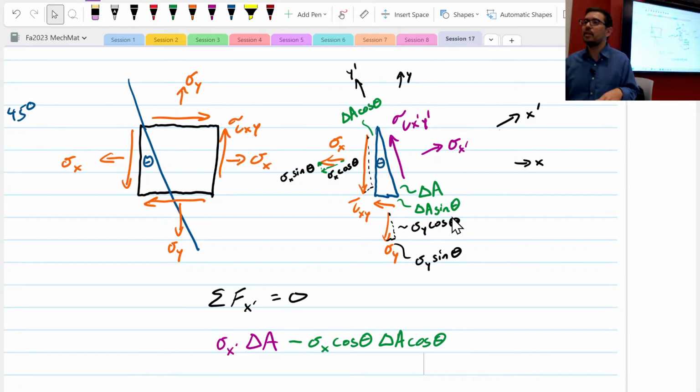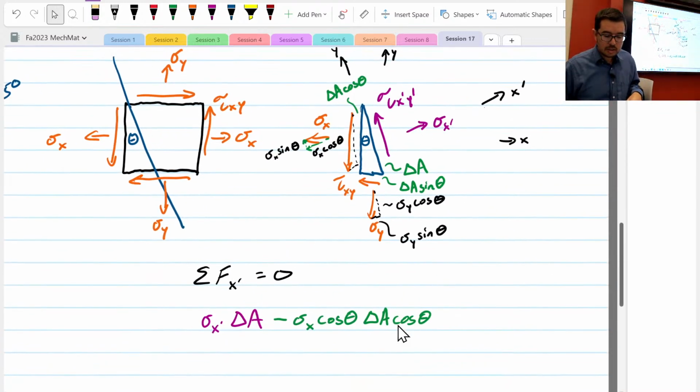I had to do another cut, which we'll show you. So this is the contribution of sigma x in the x prime direction, sigma x cosine theta, acting on the appropriate area, delta A cosine theta.